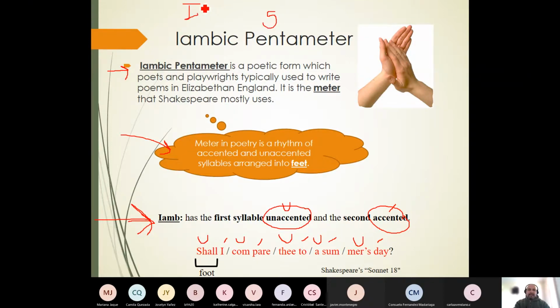And an iamb is basically a combination of an unaccented syllable followed by an accented one, like shall I, didum, didum. So if you get 5 didums, you get an iambic pentameter. Didum, didum, didum, didum, didum. Shall I compare thee to a summer's day?